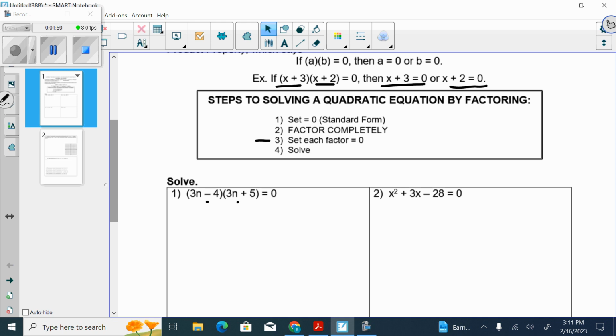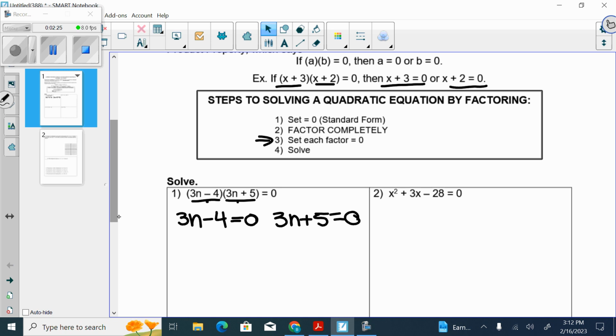Now I'm on step number 3, which says take your factors and set them equal to 0. So I'm going to take this parenthesis right here, 3n minus 4, and set it equal to 0. And I got to do the same thing for the other parenthesis. I'm going to have 3n plus 5 equals 0. And then we're just going to solve.